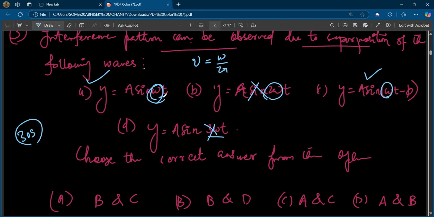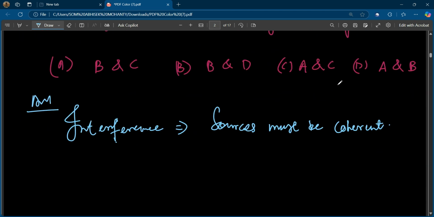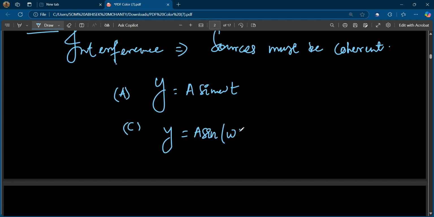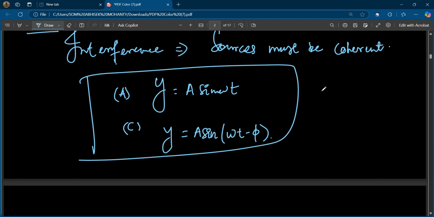So option A and C are matching with each other because they have the same frequency. Coherent means same frequency also. So A sine omega t, option A, and option C, y is equal to A sine omega t minus phi. These two match because they are coherent, they have the same frequency. So because of them, interference will occur.